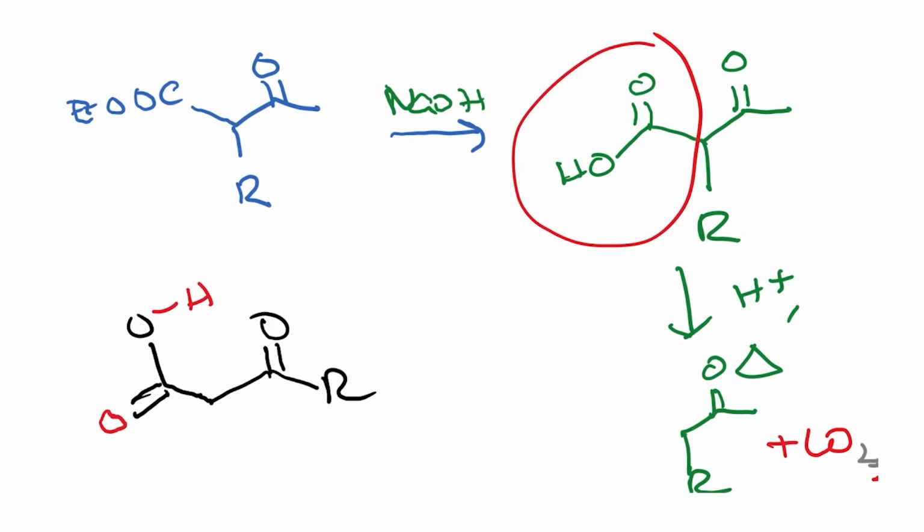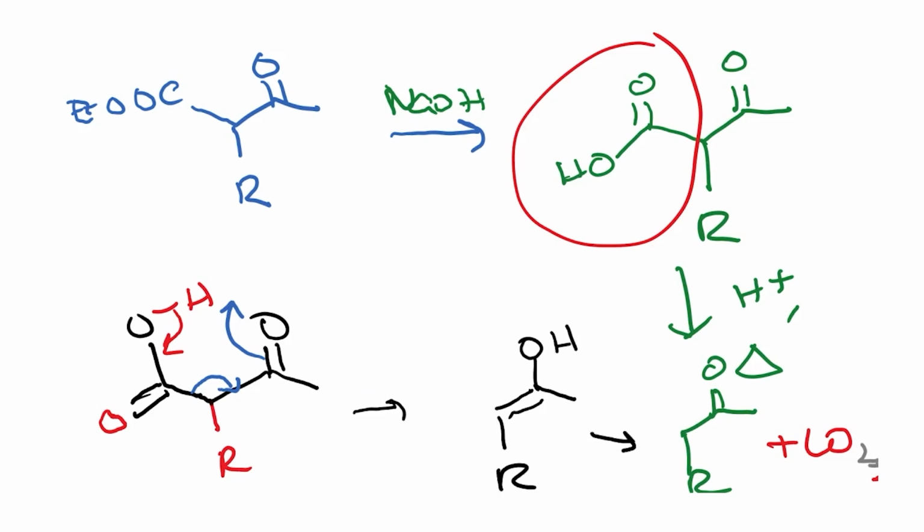Okay, so now when you add acid and heat, the kind of arrow pushing that occurs, that we propose, is the following. This carbon-carbon bond breaks and you get the corresponding enol as the product plus CO2, which can tautomerize to give you the ketone.